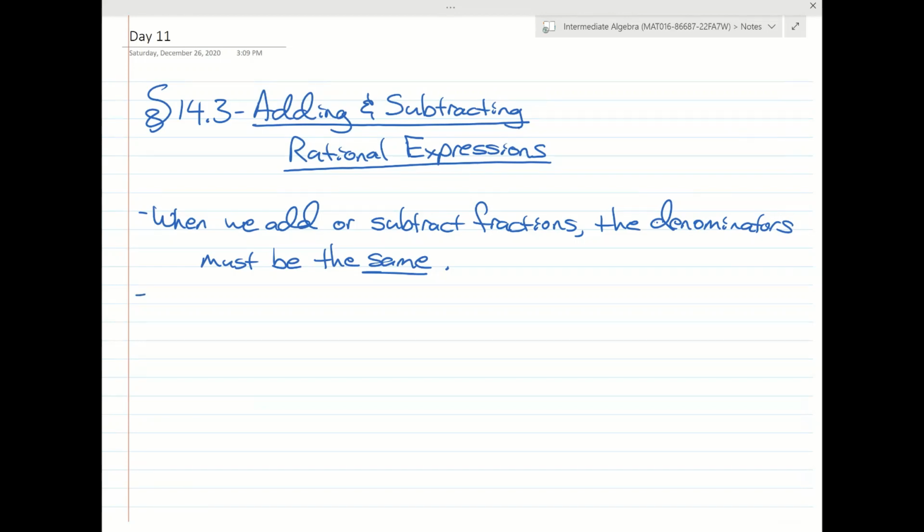All right, and then once they are, we find the least common denominator. And the way we do this is we multiply by the missing factors.